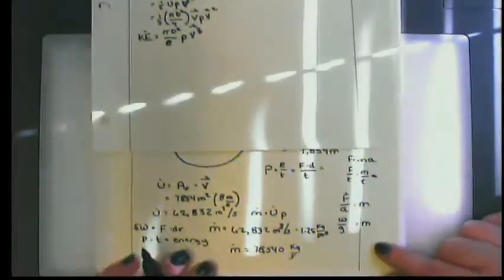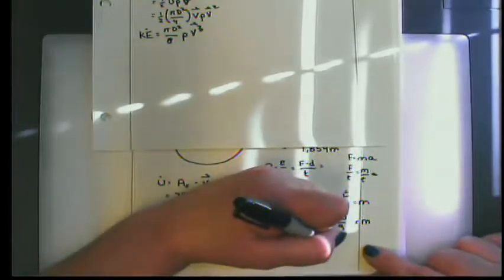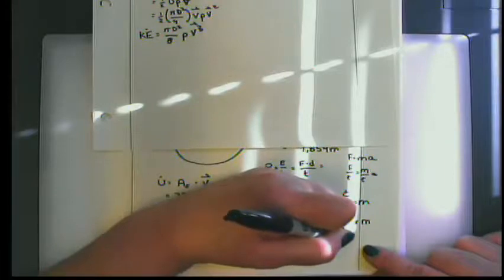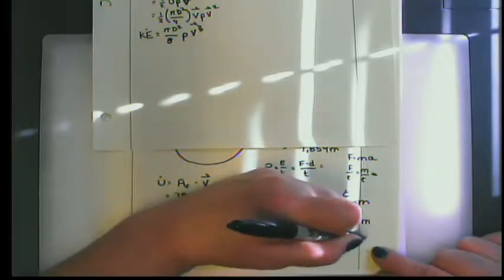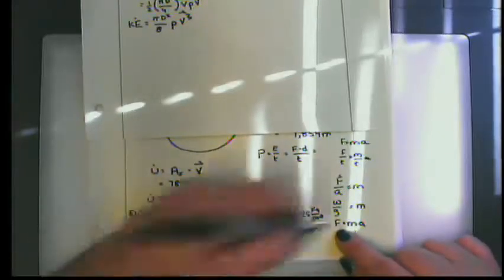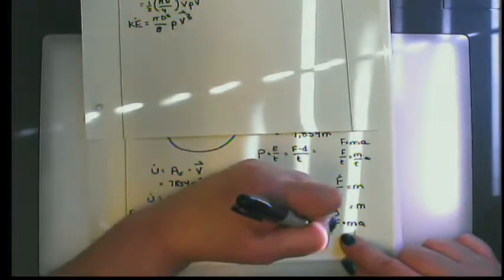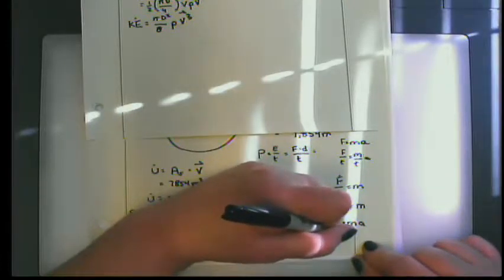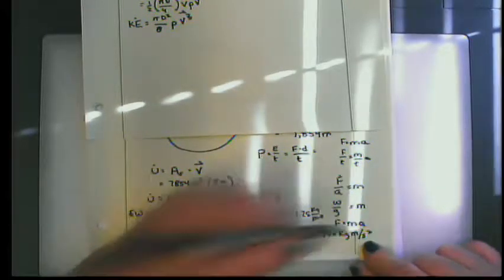That's where we come back to Newton's second law. So let's say force is equal to mass times acceleration, and in the SI system, we measure force in newtons, mass in kilograms, acceleration in meters per second squared.